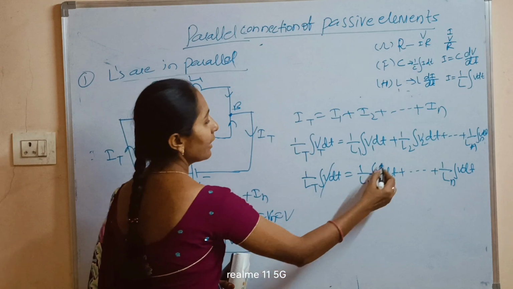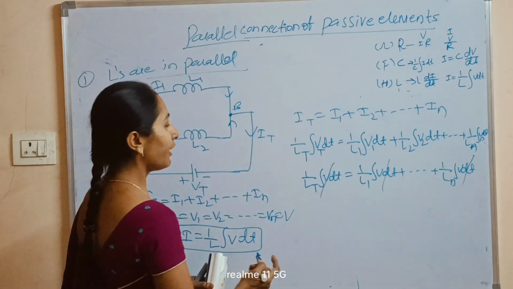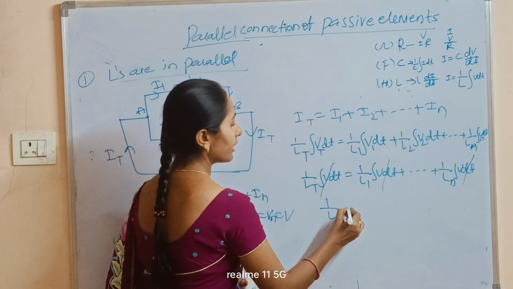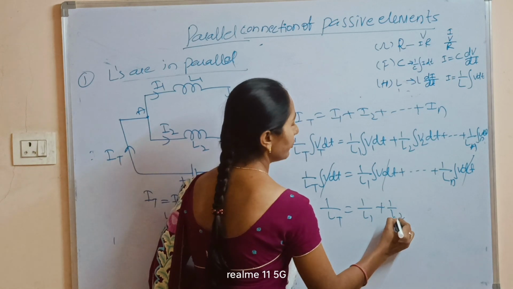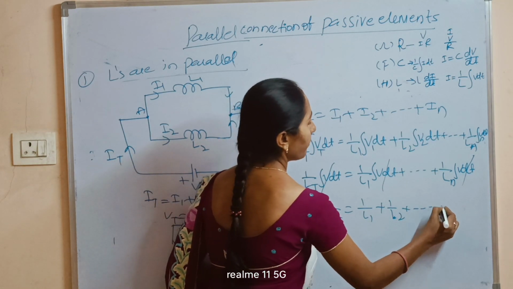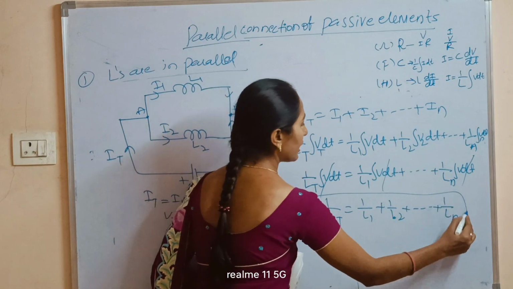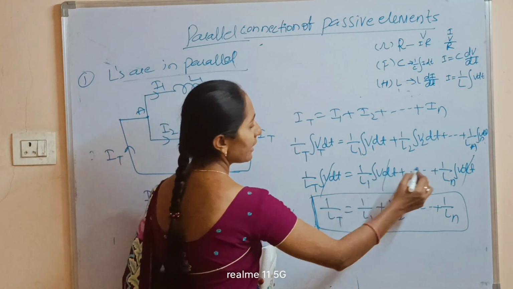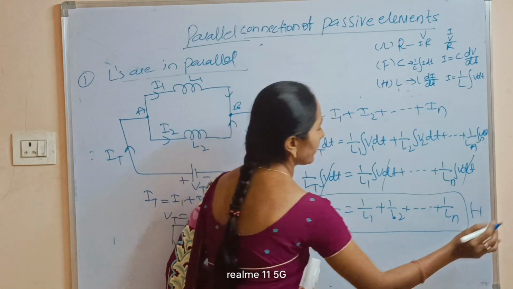So on the right hand side and left hand side, the voltages get cancelled. Finally we get 1 by L total equals 1 by L1 plus 1 by L2 plus so on, plus 1 by Ln. So this is the total inductance in parallel connection, in terms of henries.